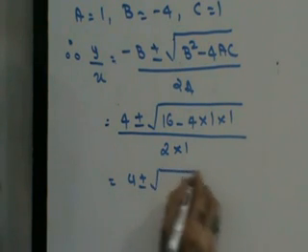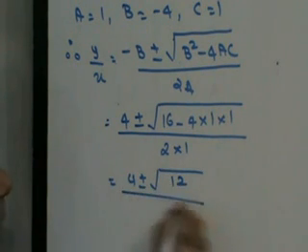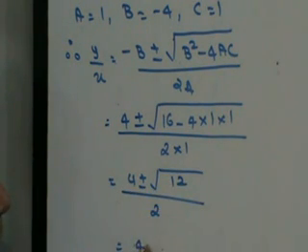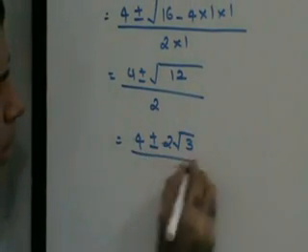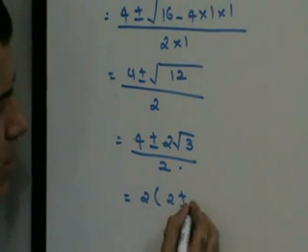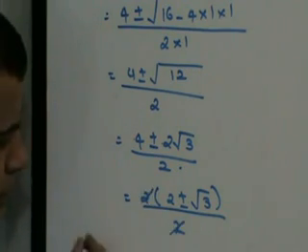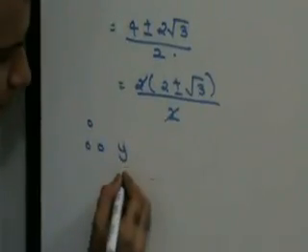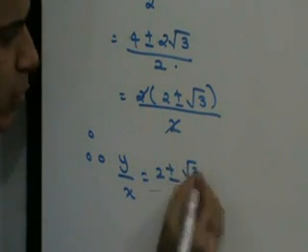So 4 plus minus square root of 12 upon 2, and 12 is 4 times 3, so 2 root 3 upon 2. Taking 2 common, this is 2 plus minus root 3 upon 2. Therefore, I get y upon x is 2 plus minus root 3.